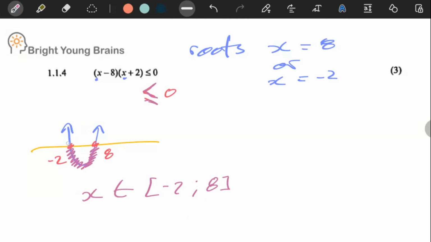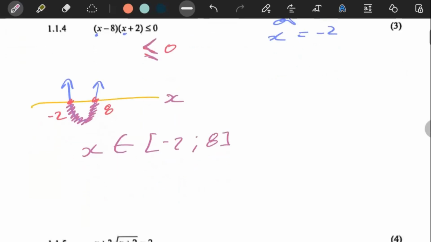The graph is equal to 0 at -2 and at 8 because this represents the x-axis, you see. So at those 2 points, the graph has a y value of 0. And then between -2 and 8, that's a section where it's below 0. So if you give your answer like this, it's easy, 3 marks.